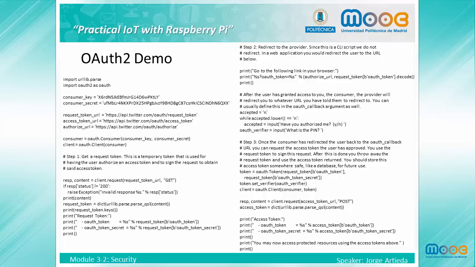So we are going to use the consumer key and the consumer secret that Twitter gave us when we registered as developers on the portal, and then we can configure the access token URL and the request and authorize URLs, which are the links that we need to use Twitter as authorization server. And because we are going to do it in Python, we are not going to rely on the redirection mechanism, so we will need the user to go to a web page and click on authorize.